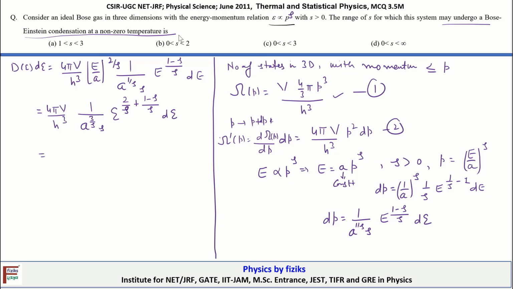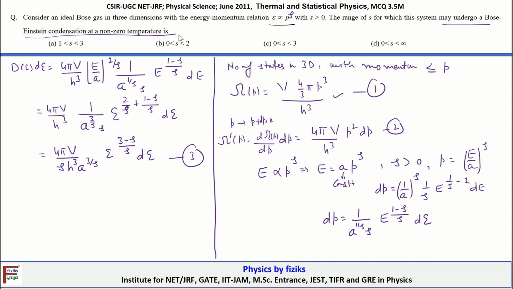Simplifying this result, we obtain 4 pi V upon s h cube a power 3 by s, E power (3 minus s) upon s dE. Let's call this equation 3.